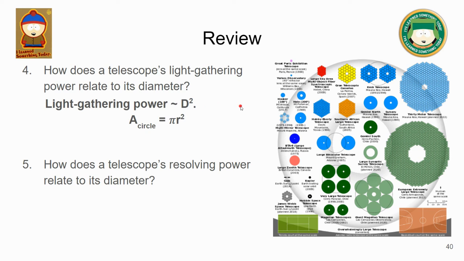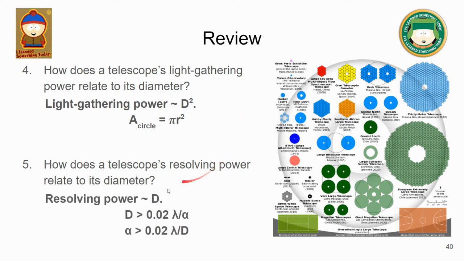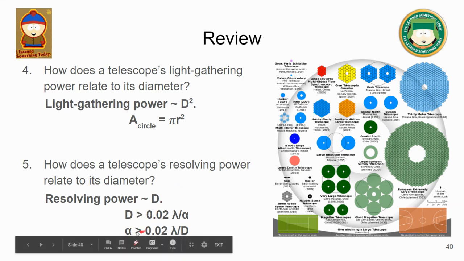How about its resolving power? Its resolving power just goes as d. So think of the bottom one, alpha, the smallest angle you can resolve, is ultimately related to 1 over the diameter. So if diameter starts to get big, alpha starts to get small. Small alpha is what you want. Small alpha is resolving power.